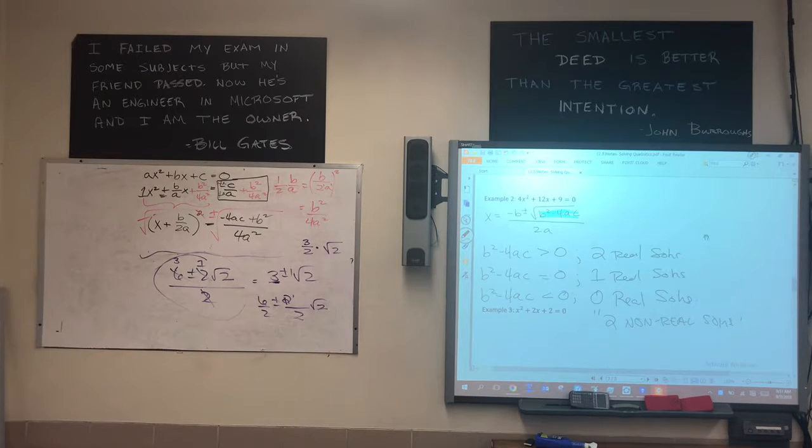Okay, but that's the discriminant, and that number tells me essentially how many times I cross the x-axis. It tells me how many real solutions we're going to have. All right.